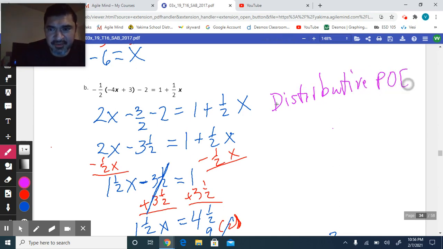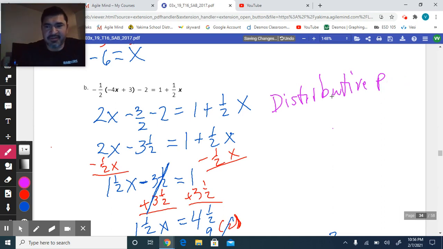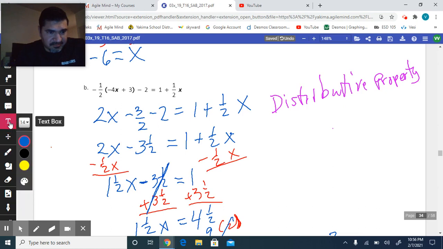It's actually property of equality. Well, scratch that. It's not distributive property of equality. It's actually just distributive property. And I think I'll type these out because my handwriting is just terrible.